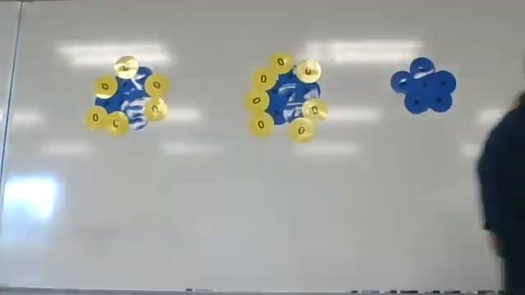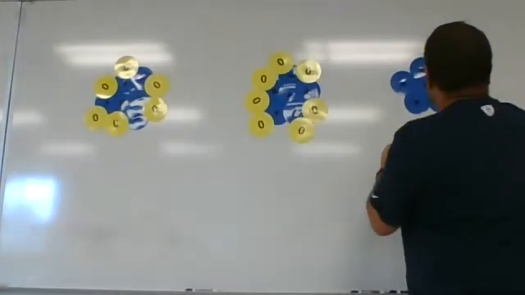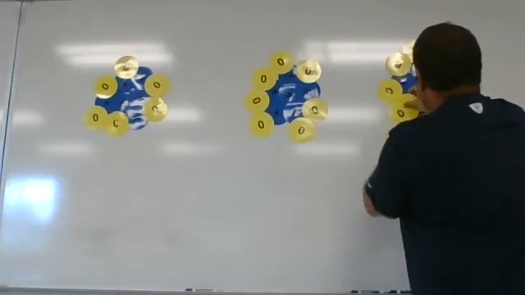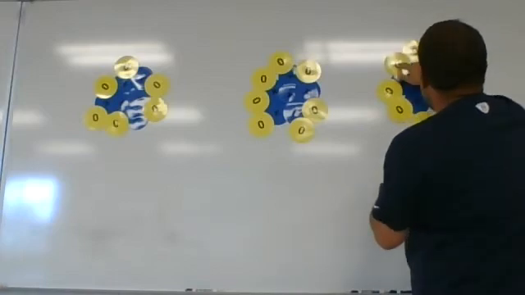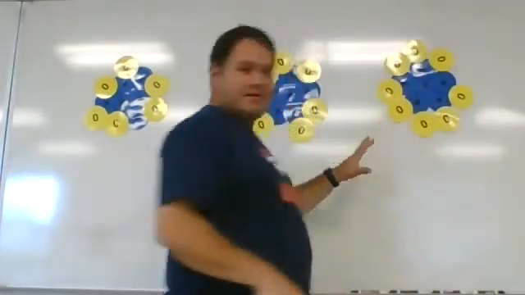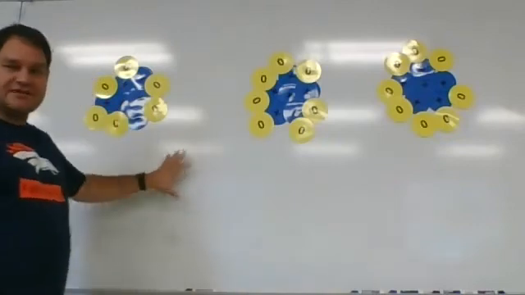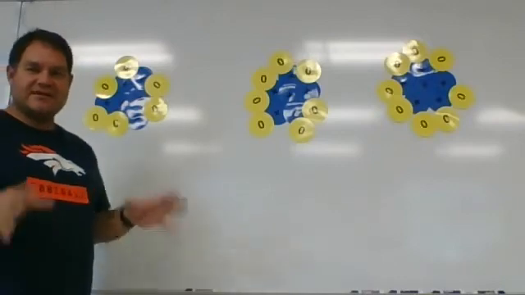And then the last one has 8 in the nucleus. 1, 2, 3, 4, 5, 6, 7, 8. Okay, so I'm not putting any electrons around those nuclei in electron shells, because I don't need to worry about the electrons when it comes to identifying an atom and its isotopes.